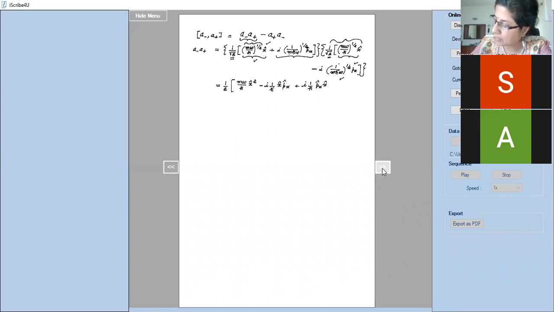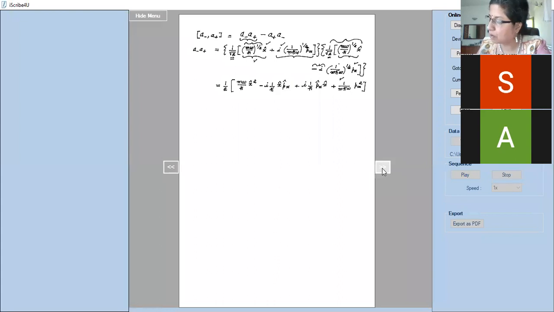The last term: you will have an i over here and a minus i over here, and i into minus i is essentially plus 1, right? i square is minus 1, minus i square is going to give you plus 1. So you will get plus 1 upon m h cross omega, and px square. So this is what you get.